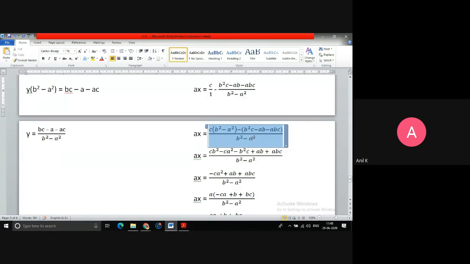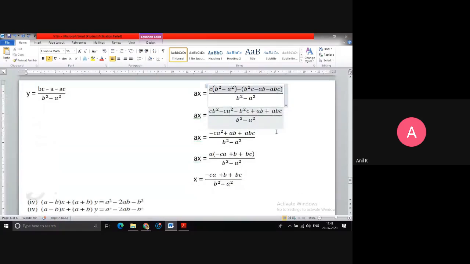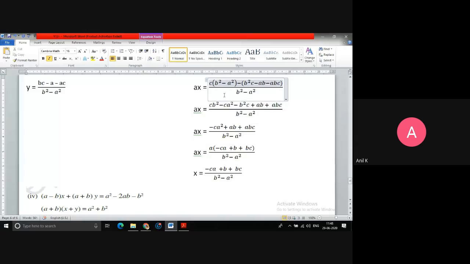So I have written the denominator as b square minus a square. Now c will be multiplied with b square minus a square. So c multiplied with b square minus a square. Here a minus sign is there, so here also I kept the minus sign between the two terms. Then the numerator term, the entire term, I kept as it is. I didn't change anything.